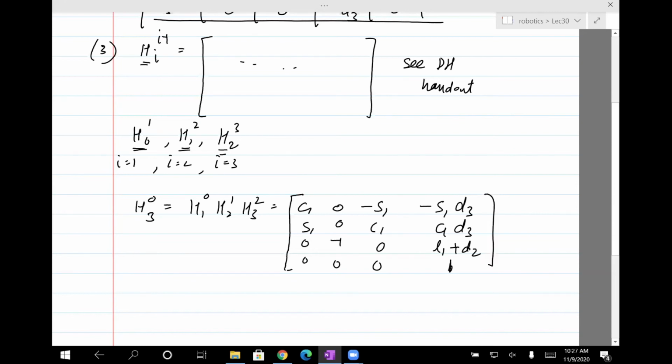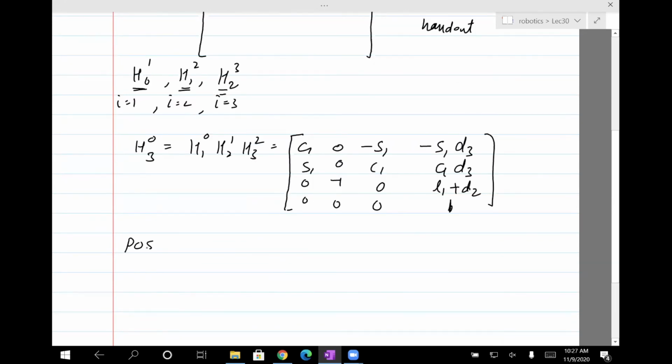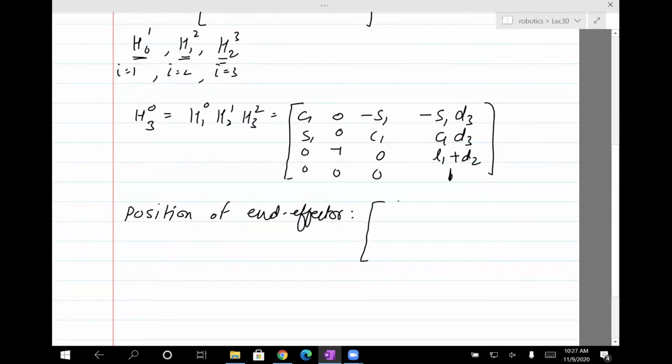Okay, and so the position of the end effector is simply the last column of this 4 by 4 matrix. So it's minus S1 D3, C1 D3, L1 plus D2.